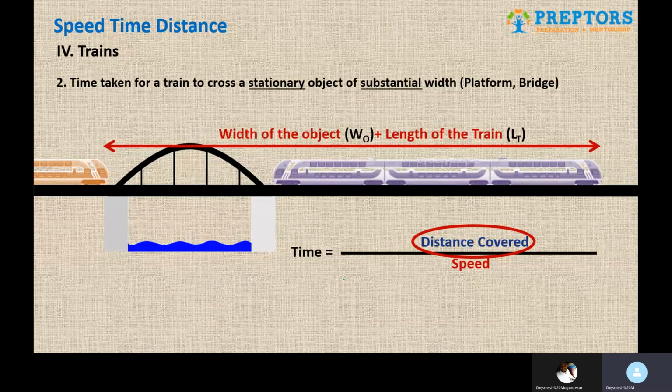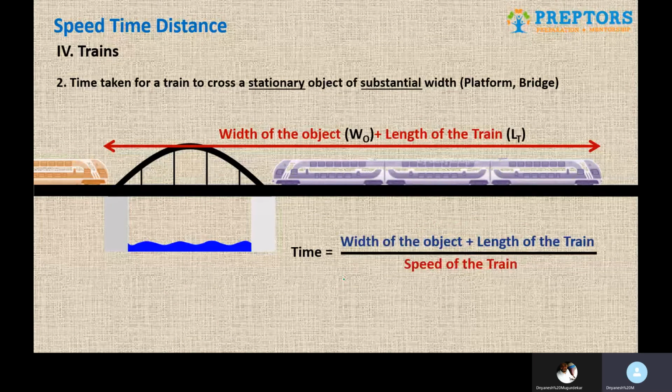Again, the object is stationary, so the only speed under consideration is the speed of the train. So that remains as it is. So the second scenario, substantial width but stationary object: LT plus WO upon ST.